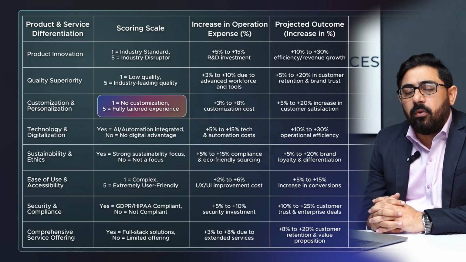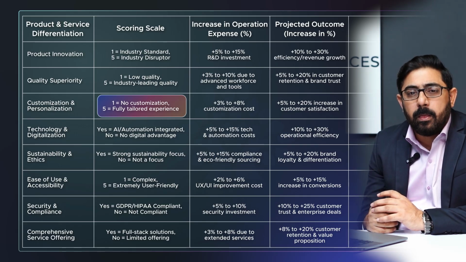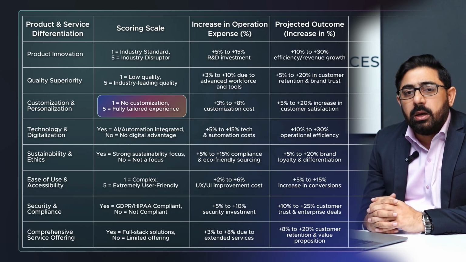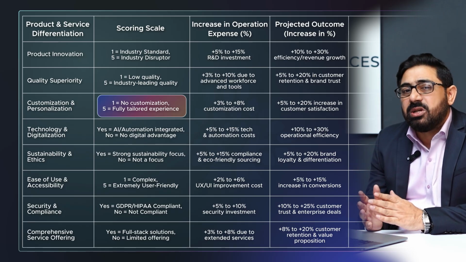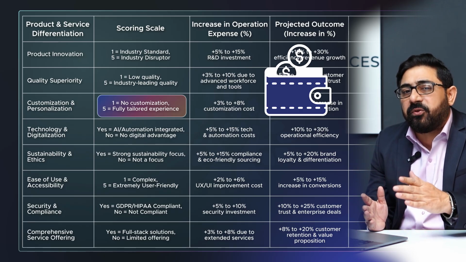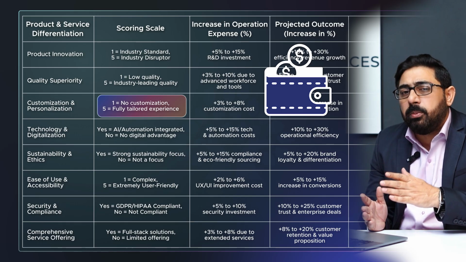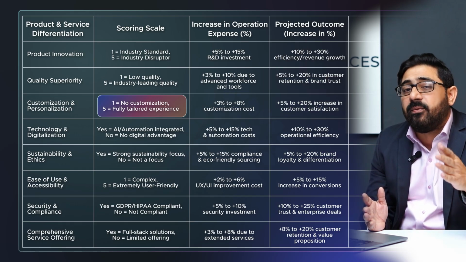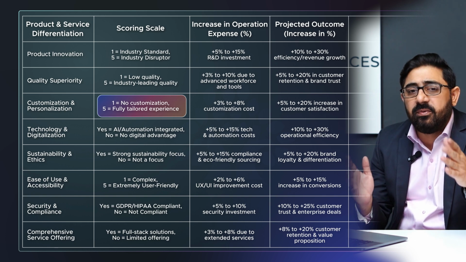You can claim level 3, 2, 4, or 5 even. That's all up to you. Remember again, each stage will cost you differently and will contribute to your revenue differently, depending on whether your audience is ready for such type of innovation or differentiation.